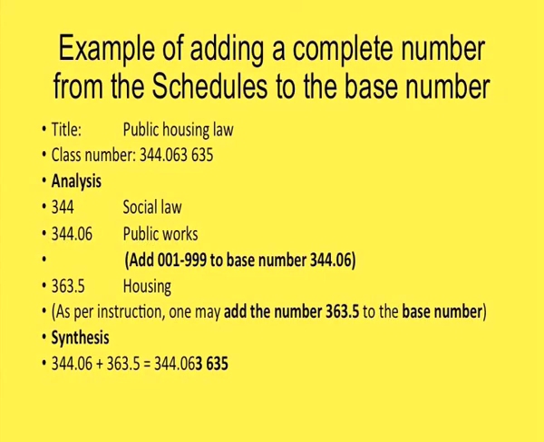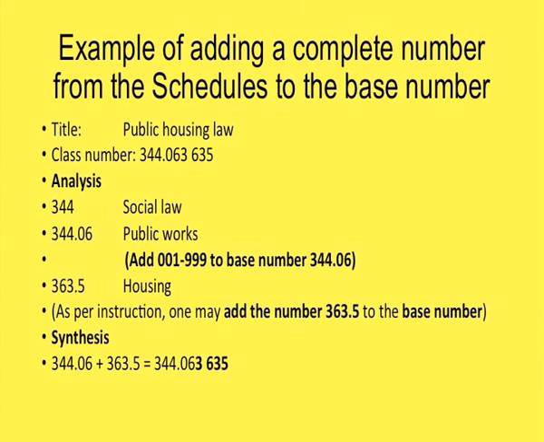For constructing the class number of this title, we first find the number for social law, which is the basic subject of this title. 344 is for social law, and under social law we find public works. 344.06 is the number for laws for public works, and here we find the same instruction, add 001-999 to the base number 344.06.